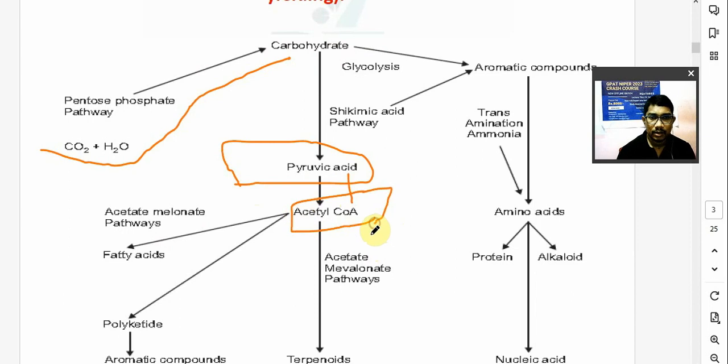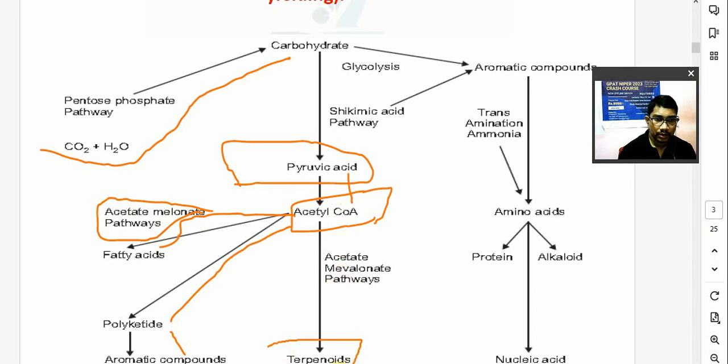Now in these aromatic compounds, there is a transamination or deamination, and you are going to get amino acids. Once you get amino acids, you know that from amino acids protein can be synthesized. From amino acids alkaloids can be synthesized in the plant. From amino acids nucleic acid in the plant is synthesized. So it is just an overview of metabolism in the plant. This is metabolism of the plant.